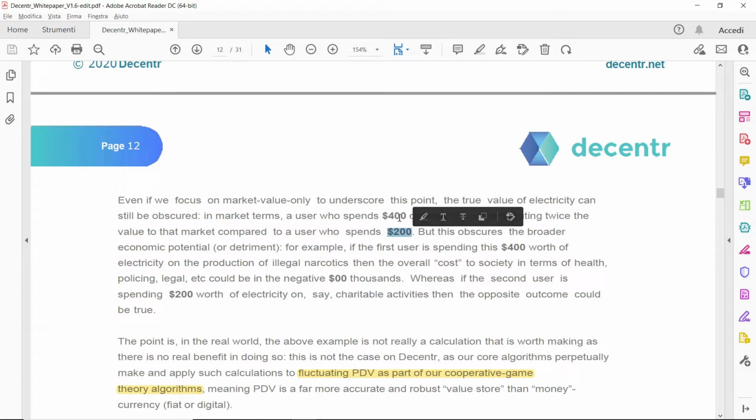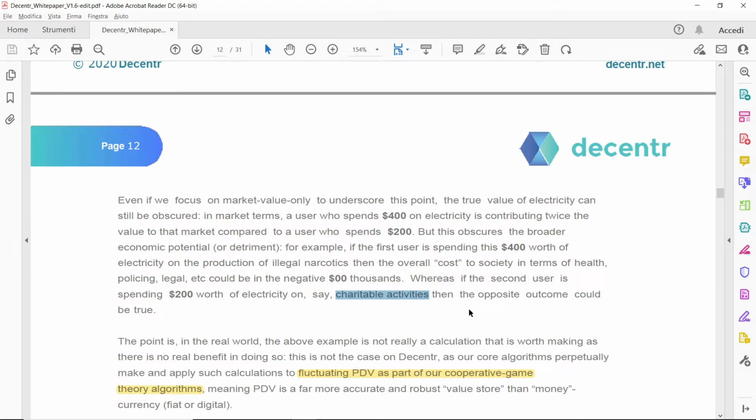So if we were to look just at the money, then obviously the one who spent $400 would give the most to society. But if he uses the $400 of electricity to create drugs, illegal narcotics, then it would be a cost to society and not an improvement. Whereas the one who spent $200 on charitable activities, then it would be a good thing for society.